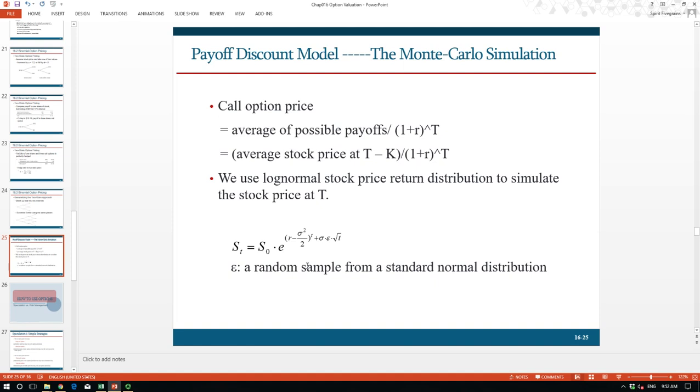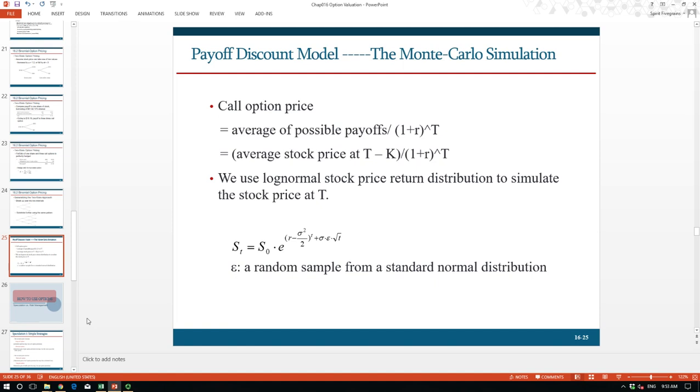And once we apply this term to the current stock price, we can simulate future stock prices. Notice that epsilon is a random draw, taking a value from the standard normal distribution.